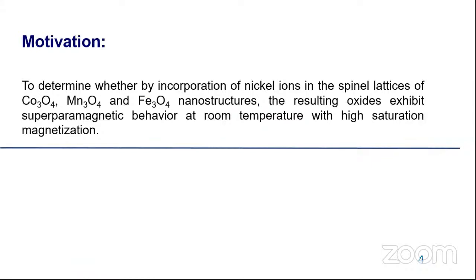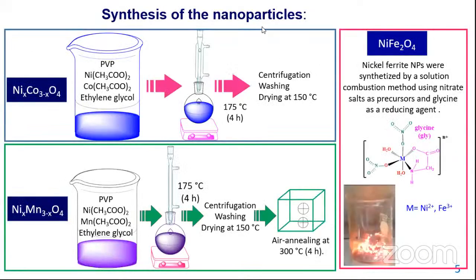The main idea is not only to induce supermagnetism in these materials, but to quantify the magnetic moment, or we can say saturation magnetism, and how far we can extend their use in practical applications.